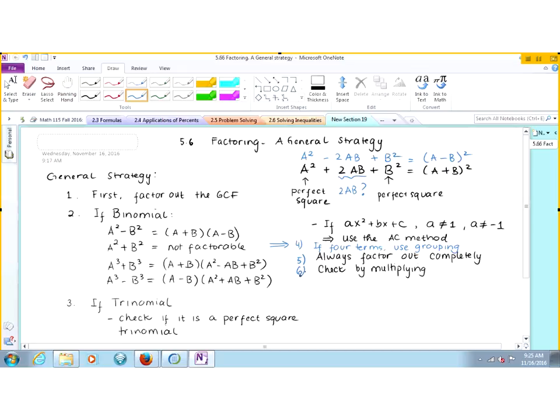So you could check by multiplying, yeah? So should we try now? Okay, so let's try. So if 4 terms, we use grouping.